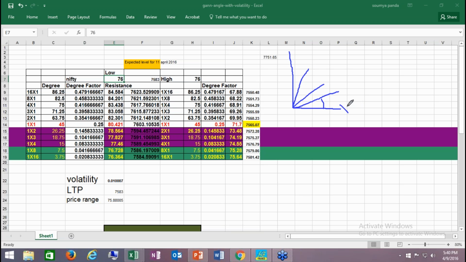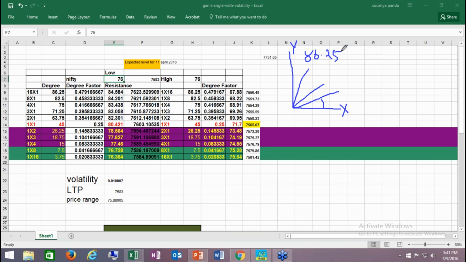If you are a little skilled in geometry, you will know that there are two axes, x and y, and these trend lines make different angles with the x-axis. The first trend line makes 3.75 degrees, the second 7.5, and like this way you have 11 trend lines. The 11th trend line makes 86.25 degrees.